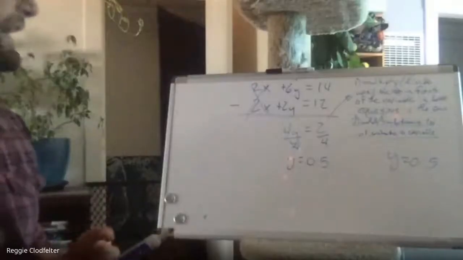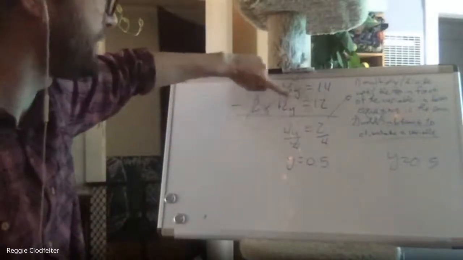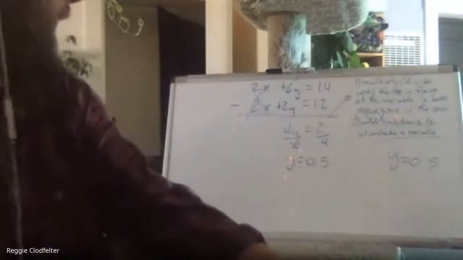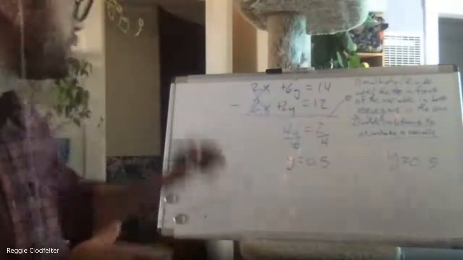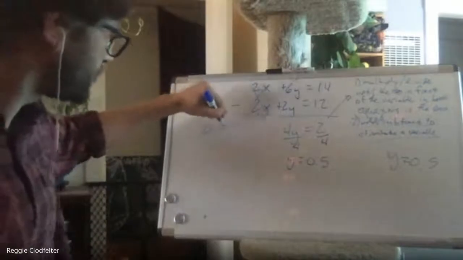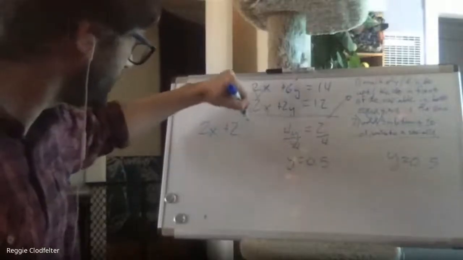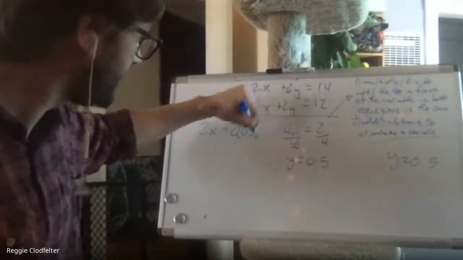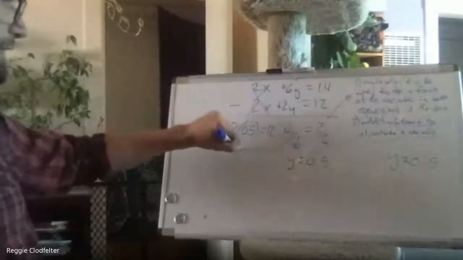Then to get x, I just plug in 0.5 for y in either equation and solve for x. I'll do the bottom one. So I get 2x plus 2 times 0.5 equals 12. 2 times 0.5 is 1.